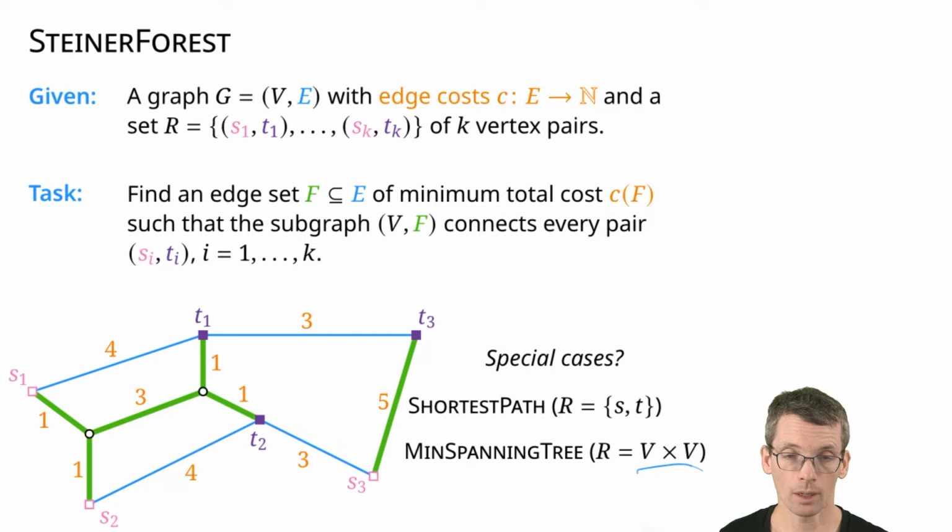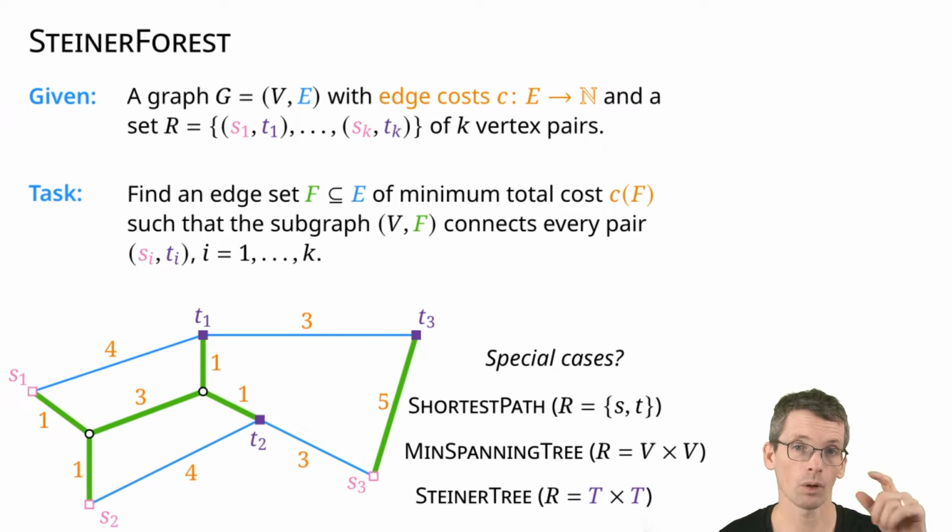If I have a set of terminals and I want all of them connected, then I end up with the minimum Steiner tree problem.